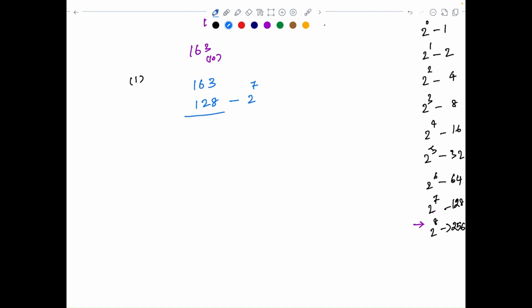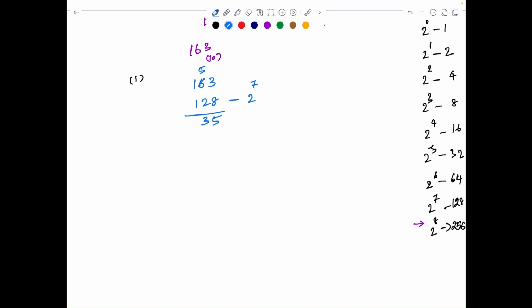Let's do the subtraction. 163 minus 128 is 35. Now with 35, we do the same thing. Is 35 bigger than 64?